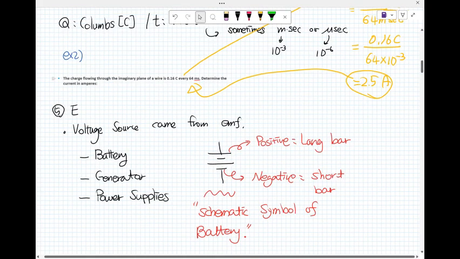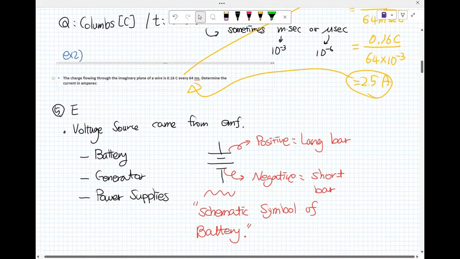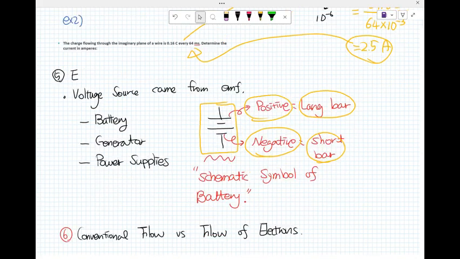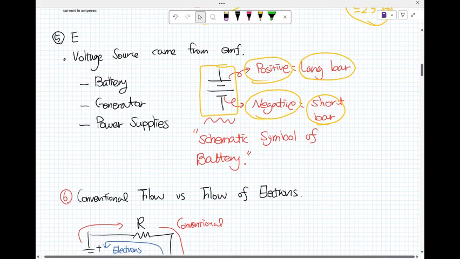So usually supply voltage could be a battery, generator, and power supplies. And for DC, that was the symbol, okay? The positive, long bar, negative, short bar, okay? There's the schematic symbol of the battery.